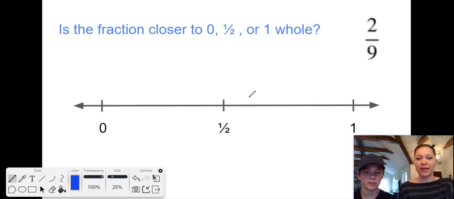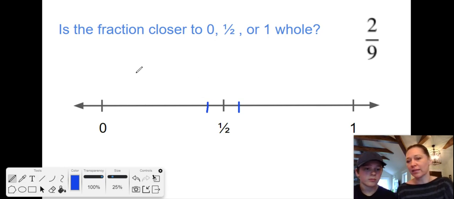Yeah, so 9 is kind of challenging because we can't make this side and this side be an equal number of whole parts, right? So 9, because it's an odd number, is one of those that I have to put a piece in the middle. And then if I did that, I would have 4 parts on this side, 4 parts on this side. That would make 9 total parts.